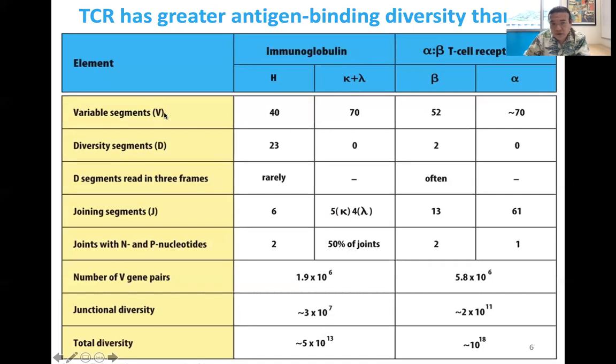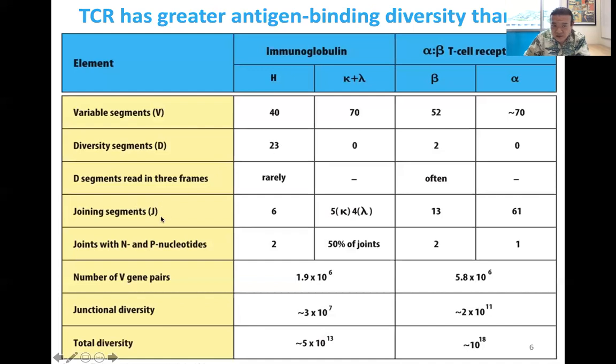If you look at the number of V blocks, or the red blocks in the cartoons, to choose from, typically heavy chain, light chain immunoglobulins, there's like 40 or 70 to choose from. In alpha beta T cells, you see there's more variable domains to choose from, about the same number in alpha chain. Diversity segments, the D segments, in the immunoglobulins, you actually have higher number of the little D, the green blocks, compared to the beta chains in the T cell receptor.